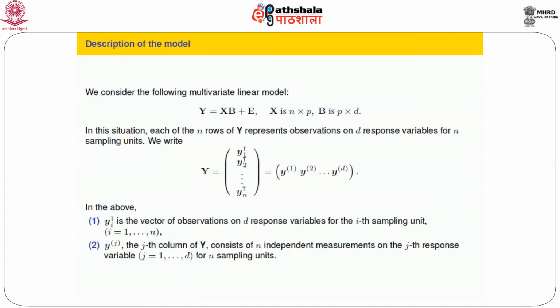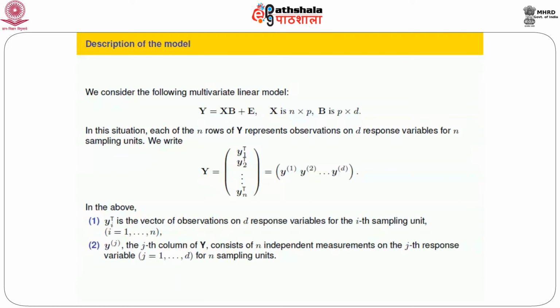This is our model, and Y is of size n cross d, X is of size n cross p, B is of size p cross d, and E is the error matrix. Each of the rows of capital Y represents observations on d response variables for n sampling units or individuals, one might say.